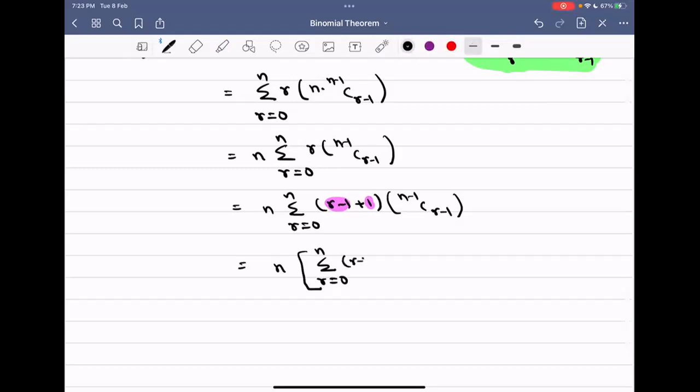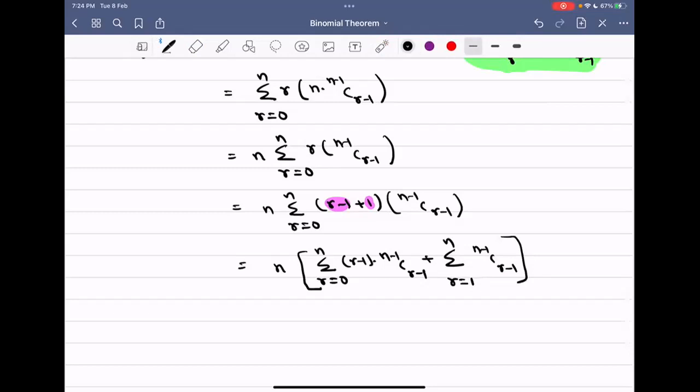This is r minus 1 into n minus 1 C r minus 1 plus sigma r equals 0 to n of n minus 1 C r minus 1. But here, r equals 0 is not allowed. If r is equal to 0, here you will get minus 1, which is not allowed. That's why here r starts from 1, because for r equals 0 it is not defined. n minus 1 C r minus 1, r equals 1 to n here.